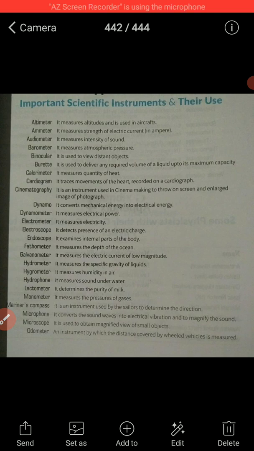Hydrometer is an instrument which is used to measure the specific gravity of liquids. But hygrometer is an instrument which is used to measure the humidity in air.